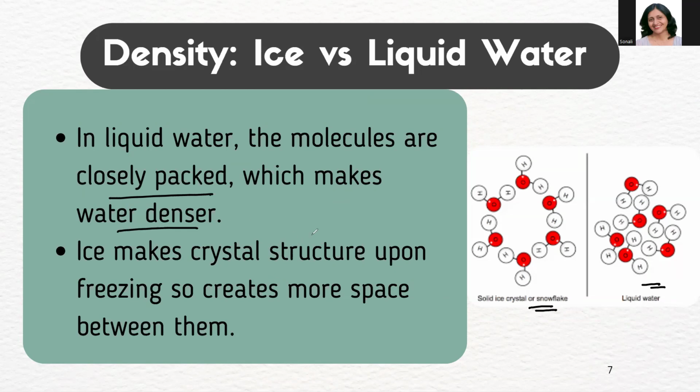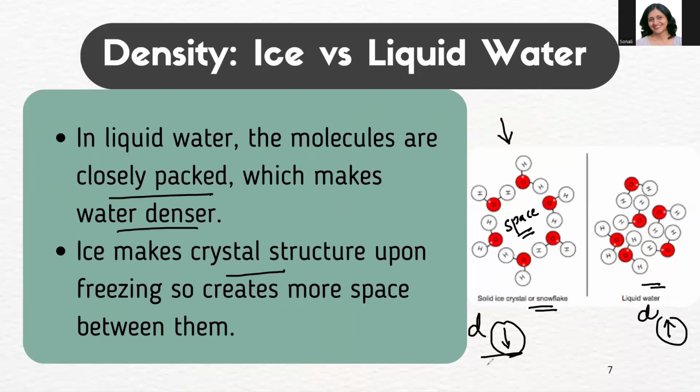When ice crystals form, they make a crystal structure with a lot of space in between. Because of this space, their density is lower compared to liquid water. Here the density is greater, while here it is lesser because of the space created between the molecules. So this is how we can explain the density.